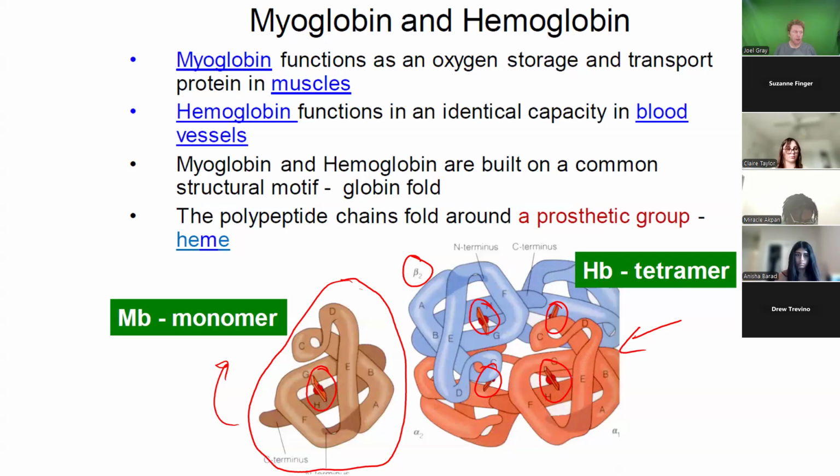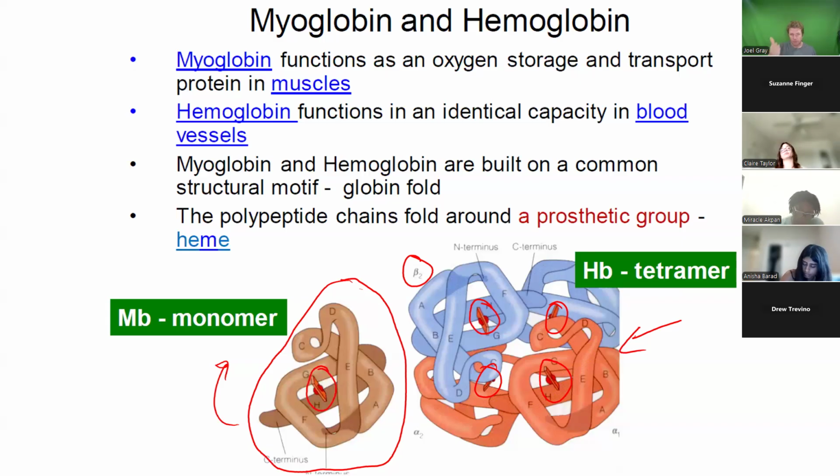Now, whenever I think about that term prosthetic group, I think about a prosthesis. A prosthetic group is basically a molecular prosthesis that enables a protein to do something that the amino acids alone cannot do well.